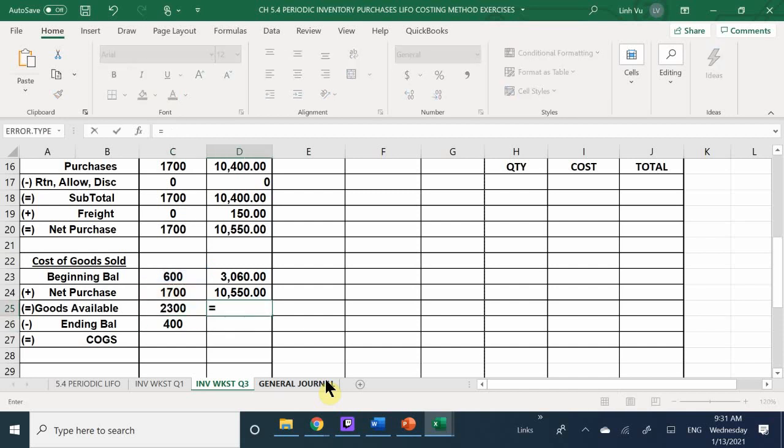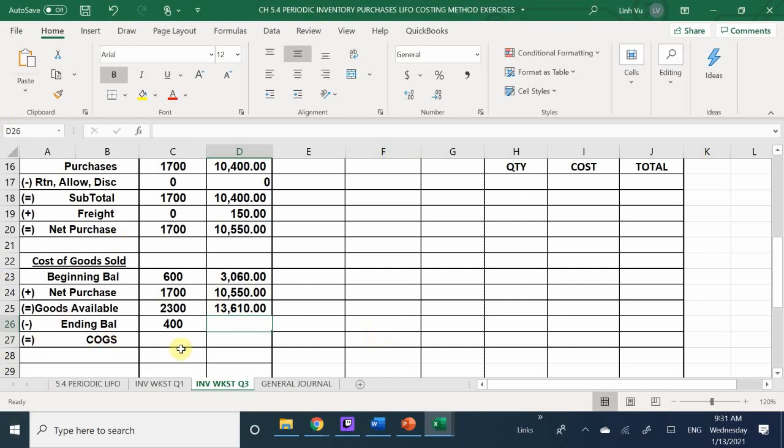Okay, costing me a total of 13,610. Yes, 13,610 is going to be our goods available.